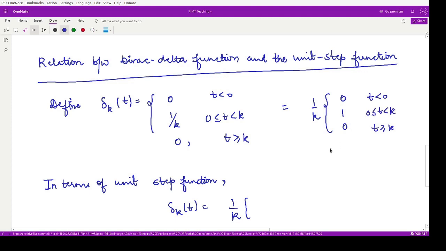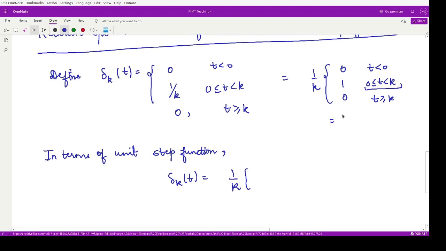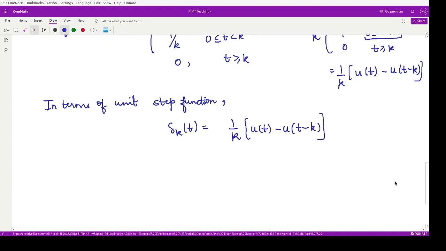And this is nothing but the unit step function defined in this interval. So how can we define that? It is 1 by k, the unit step function at the point t, minus the unit step function at the point t minus k. Let us see how. So this becomes the unit step function at the point t minus the unit step function at the point t minus k, which is something like this.